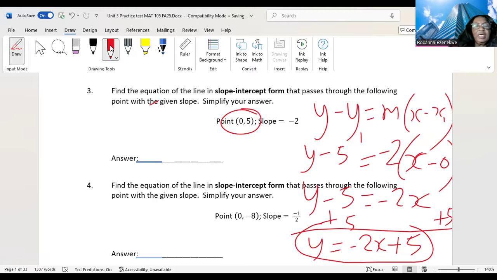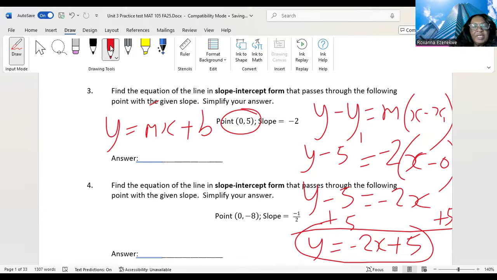She's asking, can we say y equals slope times x plus b? Yes, you can. That's good, because you can plug in the point (0, 5) and the slope, and then you find b.